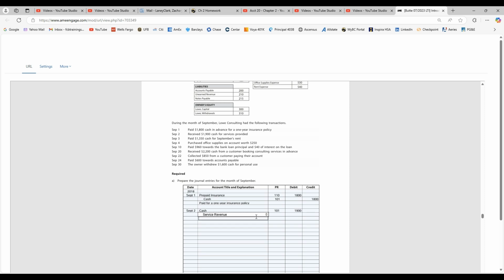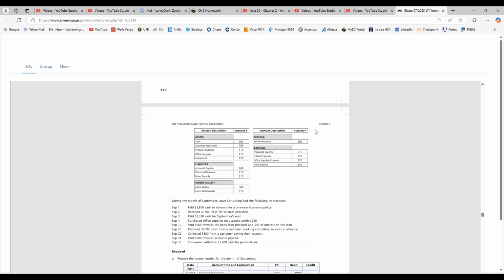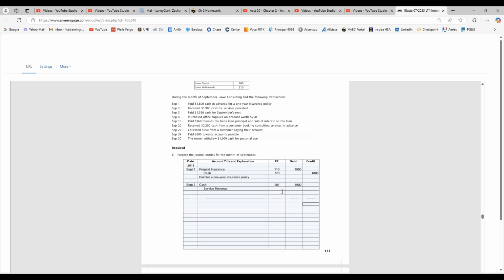So we'll record service revenue, which is account 400, and it was $1,900 earned. And then a little explanation: received cash for services.